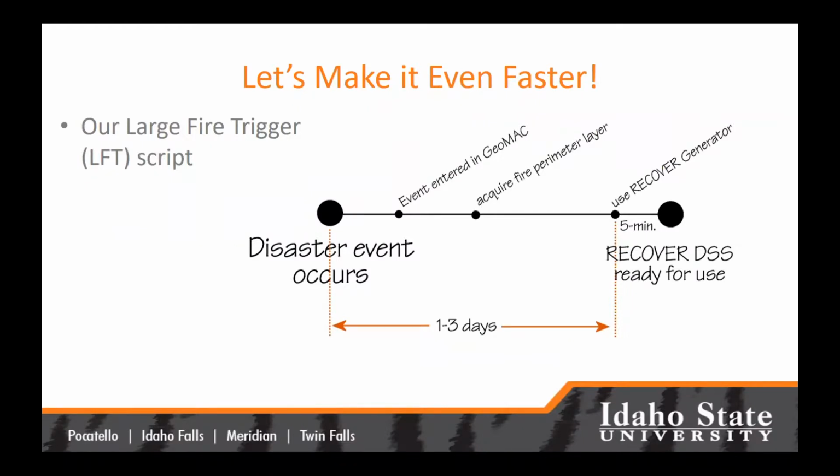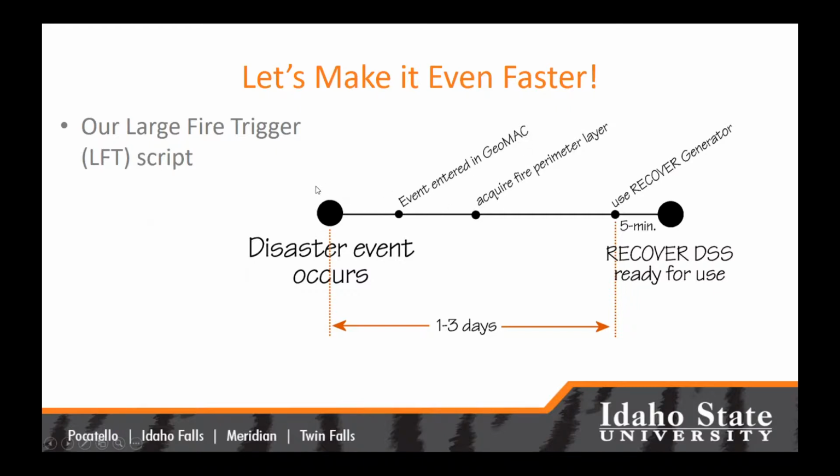So we developed, over last year, and started implementing it during the 2018 fire year, what we call the large fire trigger. Our servers and computers here are monitoring fires as they are entered into something like GeoMac.